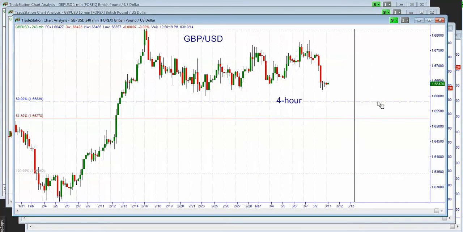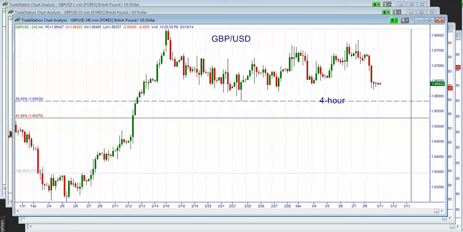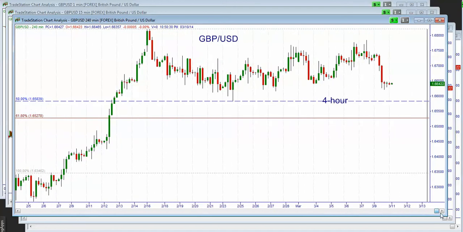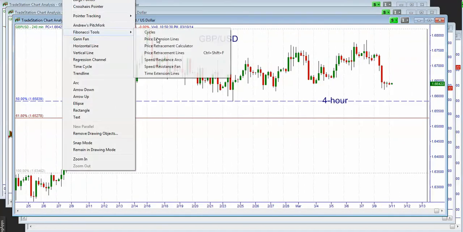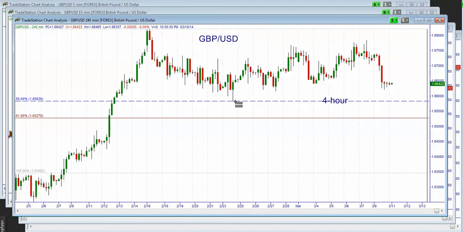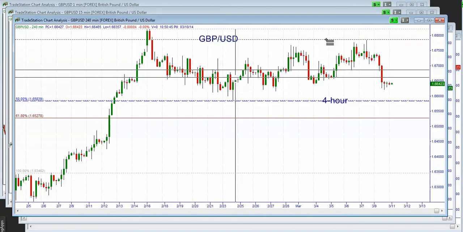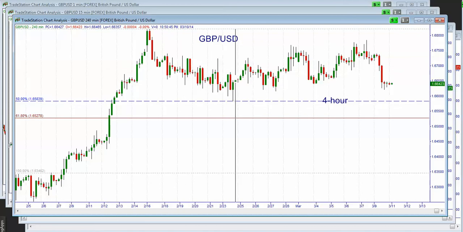So going back to the 240 minutes here, we had a sequence of measure move shorts and not longs, as I was anticipating. I thought that this level of support would bring price higher.